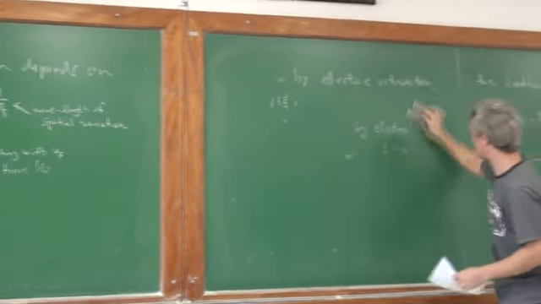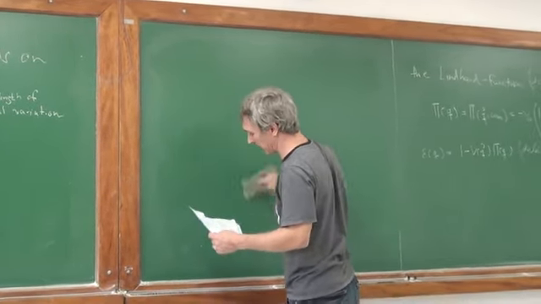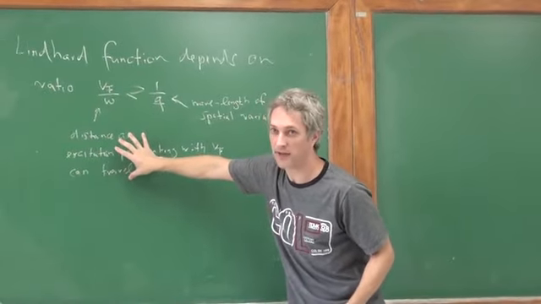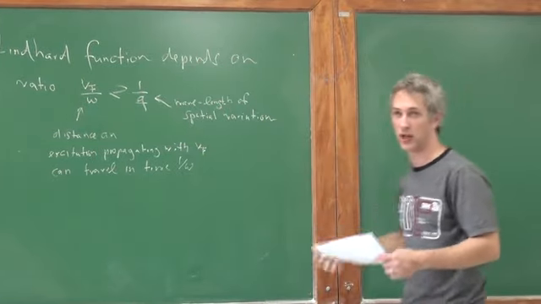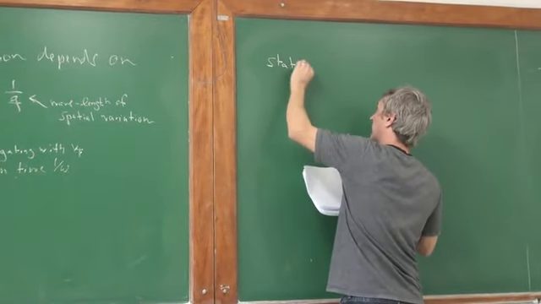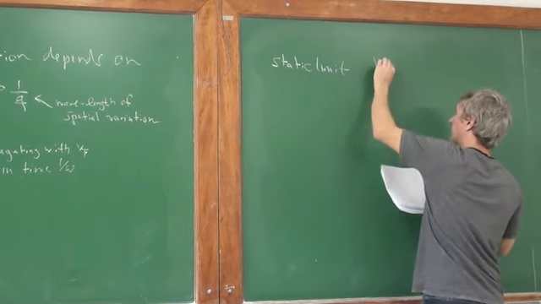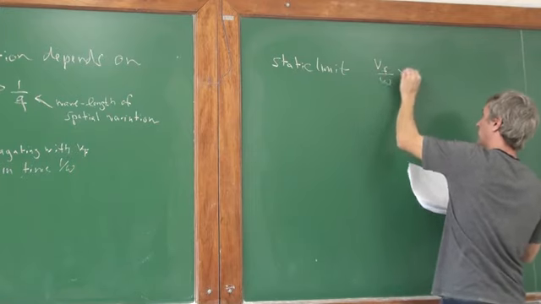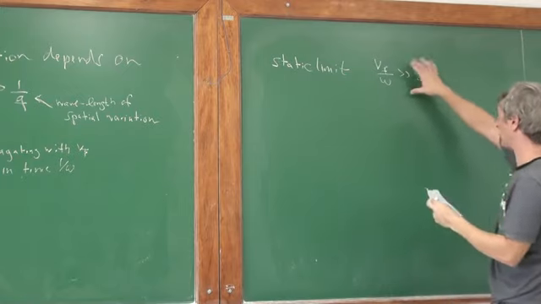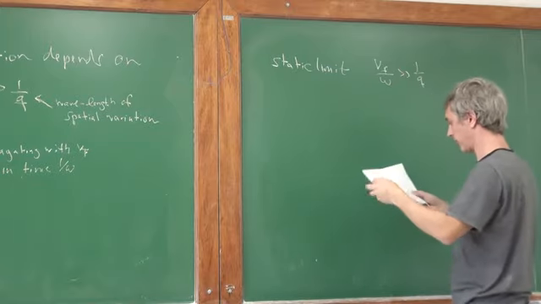On the one hand, a very long time, or the static limit, where the excitations always have enough time to adjust to any perturbation. This is the static limit, where the length the excitations travel is much larger than the length scale of the perturbation.